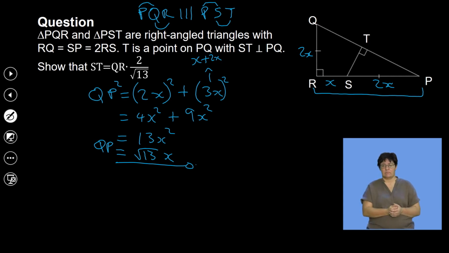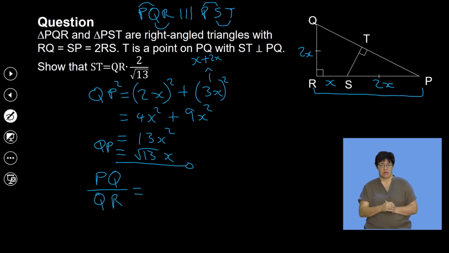So I will then try to find what ST is, because that's what they want me to do. So I'm just going to write the ratio quickly for us. This is PQ over QR, I said, is equal to PS over ST. Let me substitute everything that I know.